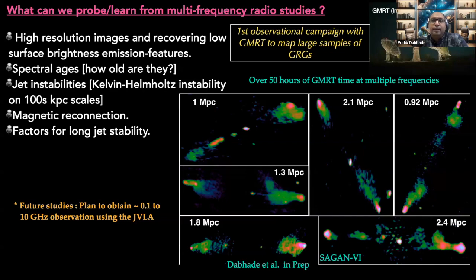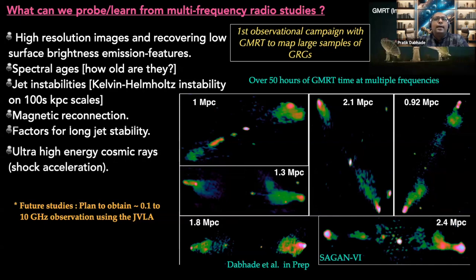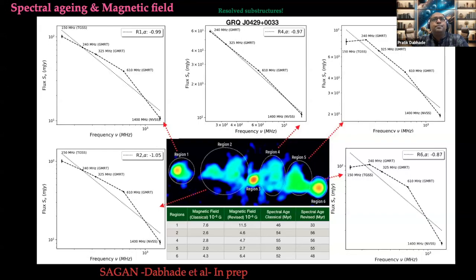For that we require a lot more data, but this is the first step towards realizing that. And of course, we can study the shocks at the hotspots because of the high energy nature of these processes.